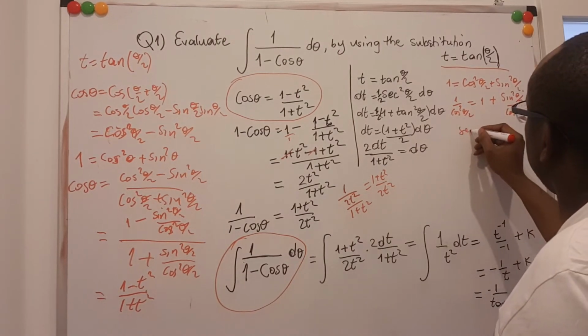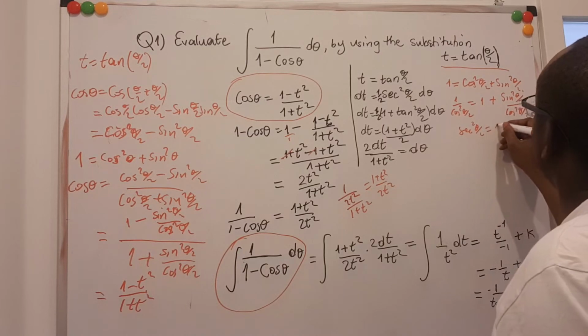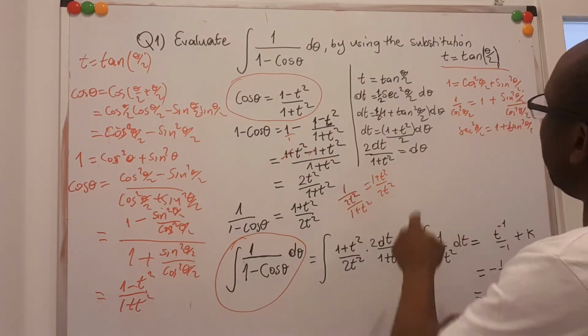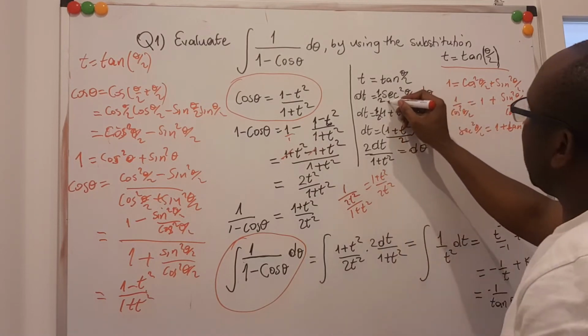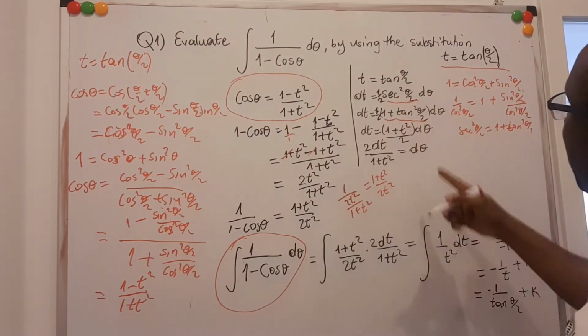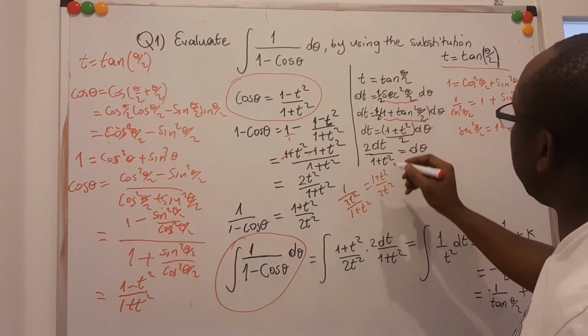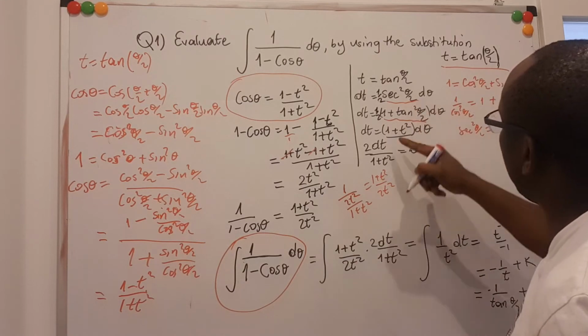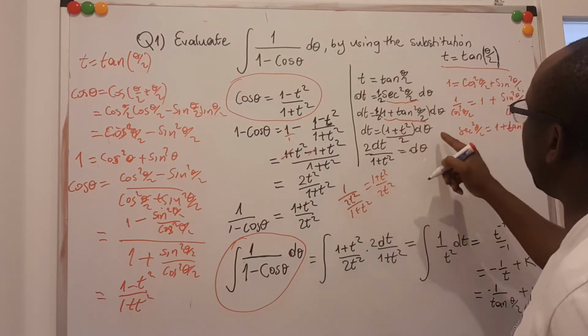This is sec squared(theta/2), which is equal to 1 plus tan squared(theta/2). So I can replace this in the brackets. If I do that, I get a relationship in terms of t: (1 plus t squared) divided by 2, times d theta.